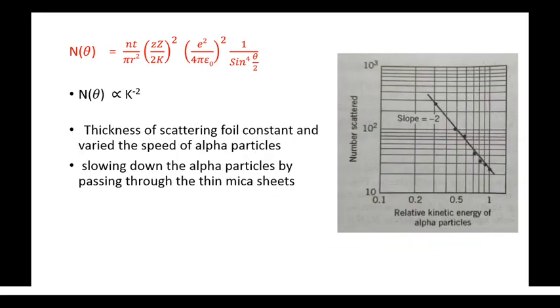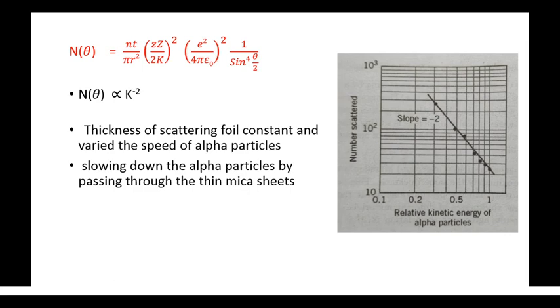Now the third one is how the number scattered is proportional to the kinetic energy of the alpha particles, and by formula it is given as N of theta proportional to K raised to minus 2. That is, inversely proportional to the speed or the energy of the alpha particle.